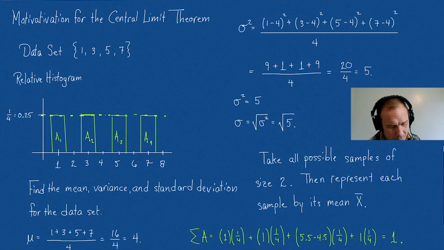Need something that contrasts nicely. We'll do this pretty blue here. If you recall, the first sample mean was 1, and it had a frequency of 1 out of 16. Well, 1 out of 16 is 1/4 of 1/4. So if I look at my vertical axis on the left, I have 1/4.